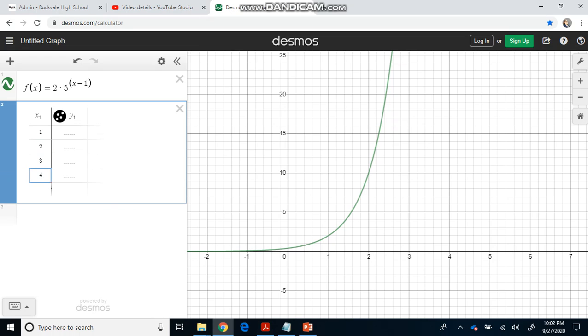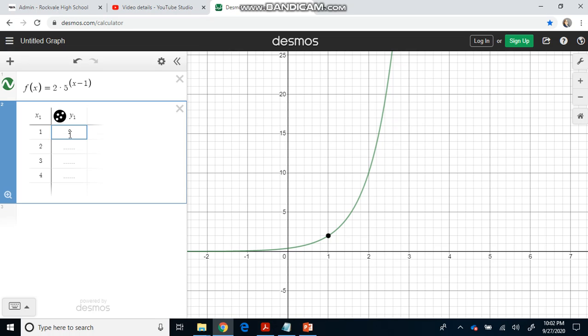We'll do a few points here. So when x is equal to 1, I get 5 raised to the 1 minus 1, which is 0. Anything raised to the 0 is 1. So that means my first term is 2. But I knew that already, right? That's what that first 2 means.